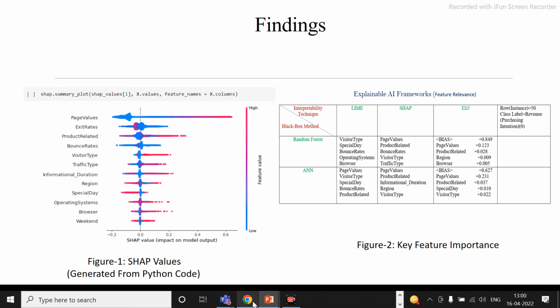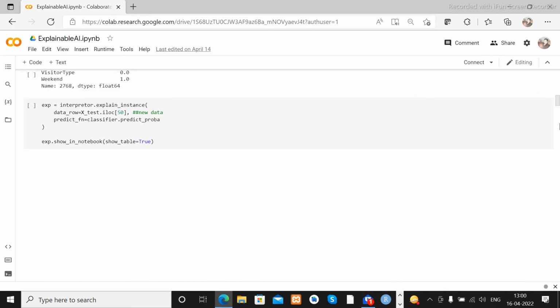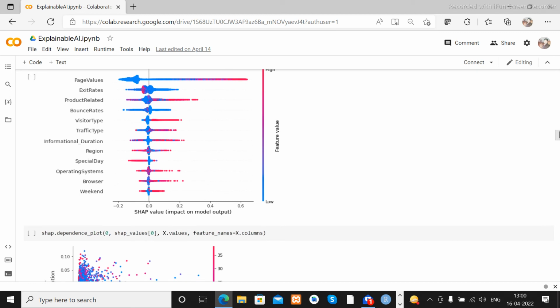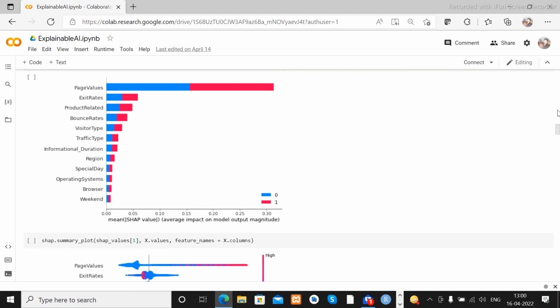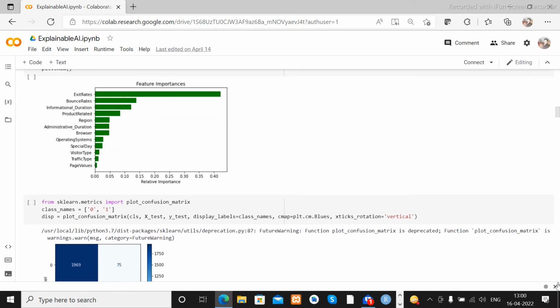Sir, I can show the code. If you can see the accuracy, sir, here. These are some of the accuracy parts here, sir.